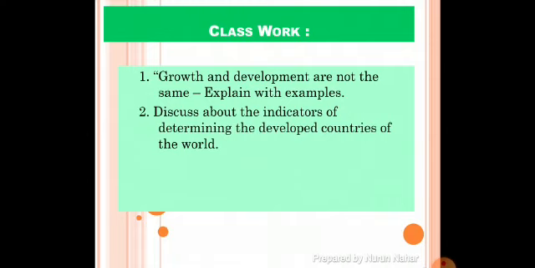And the second question is, discuss the indicators of determining the developed countries of the world. In the first case, you have to show the difference between growth and development. And in the second case, you have to show the characteristics of the developed countries of the world. Actually, the characteristics will be considered as the indicators of the developed countries of the world.